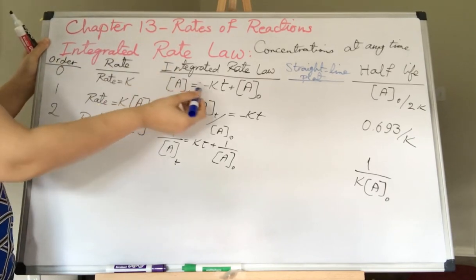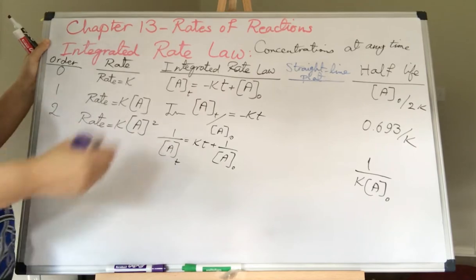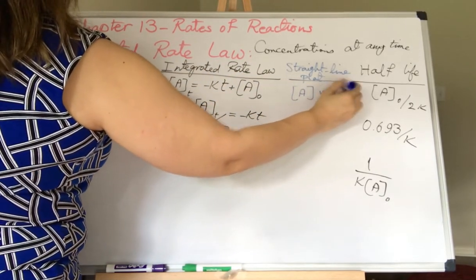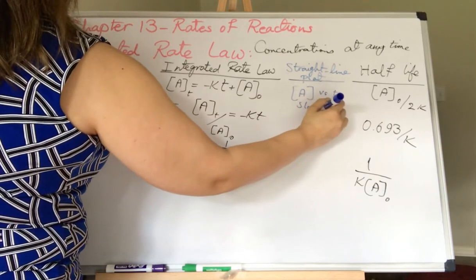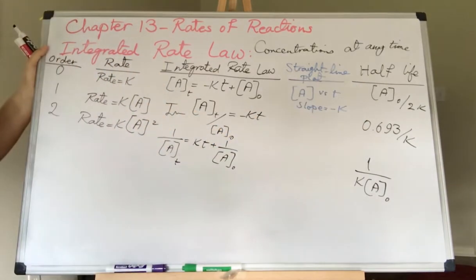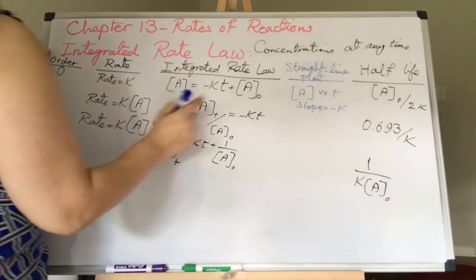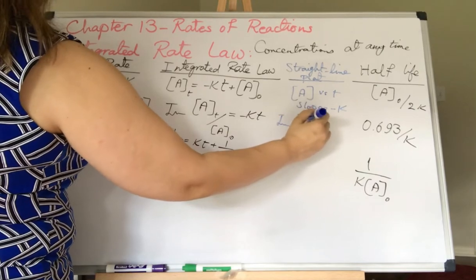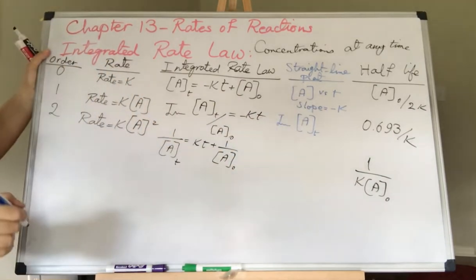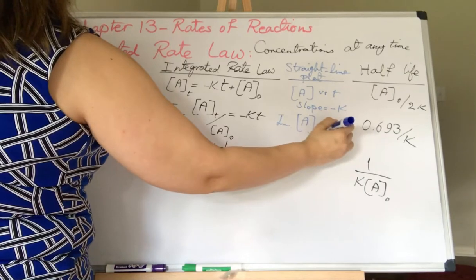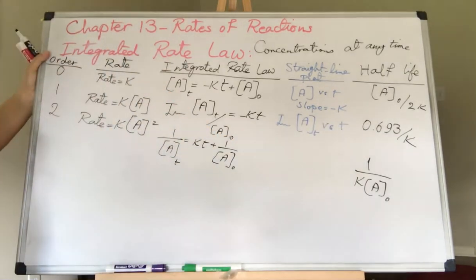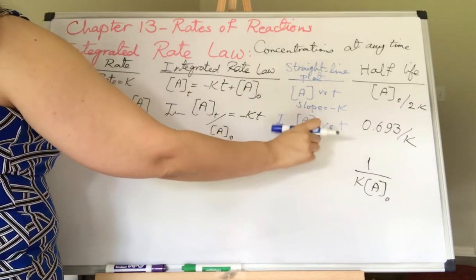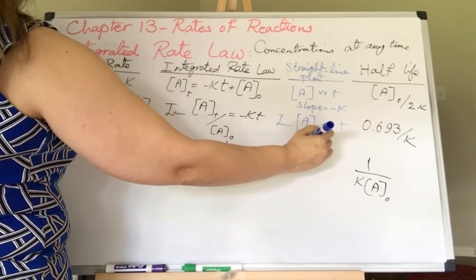So y is mx plus b. Here A versus t, and what would be the slope? Minus k, right? And in this example, ln AT versus t. And again, slope is minus k.